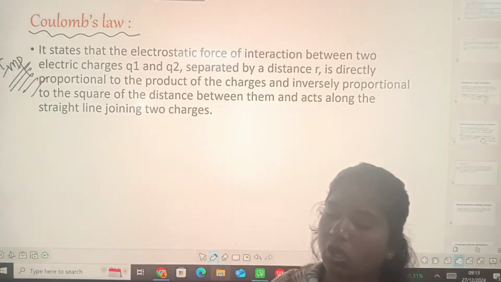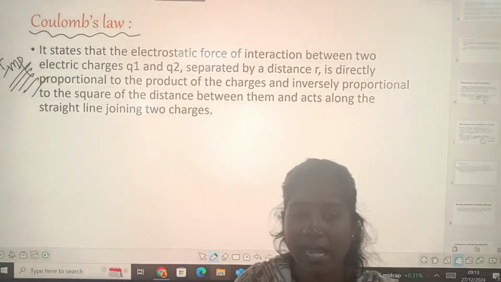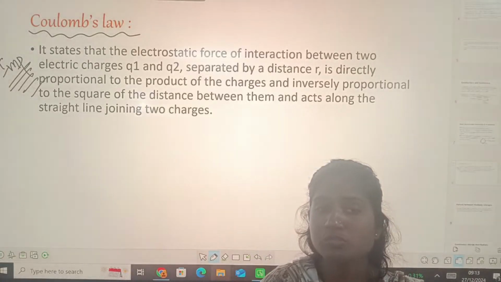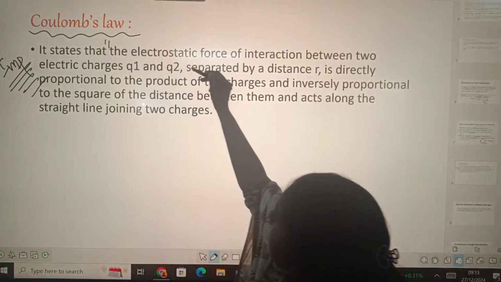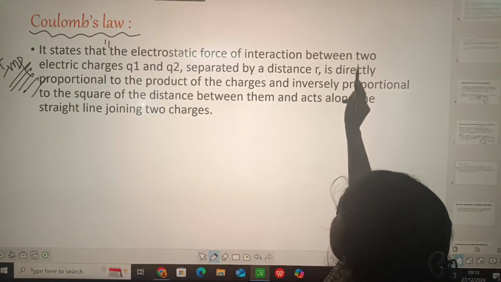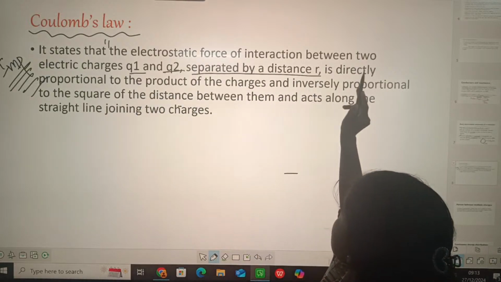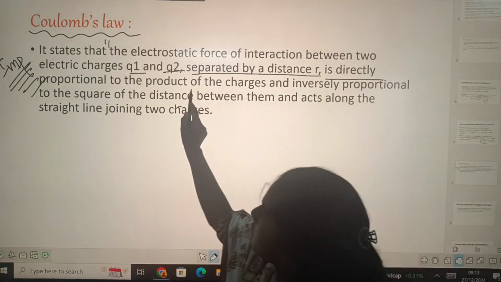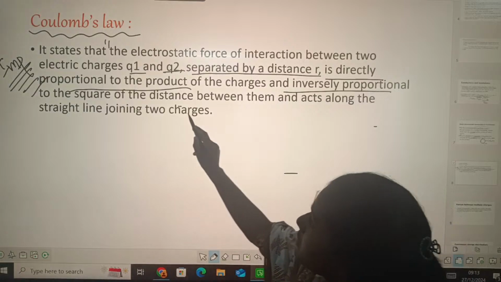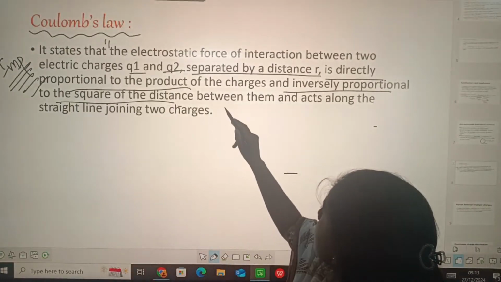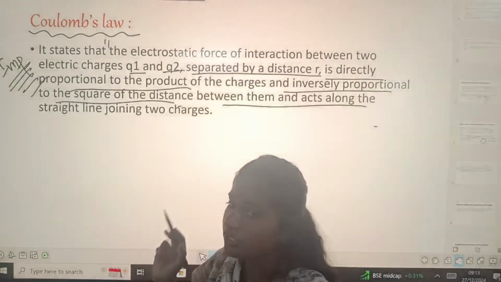Coulomb is one of the scientists who derived the definition of Coulomb's law, that is, the electrostatic force of interaction between two electric charges Q1 and Q2 separated by a distance r is directly proportional to the product of the charges and inversely proportional to the square of the distance between them, and acts along the straight line joining the two charges.